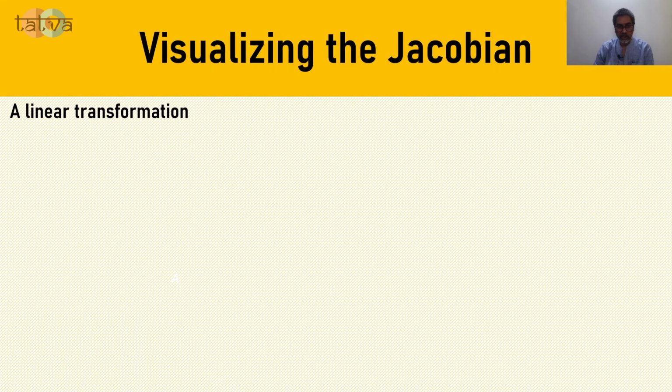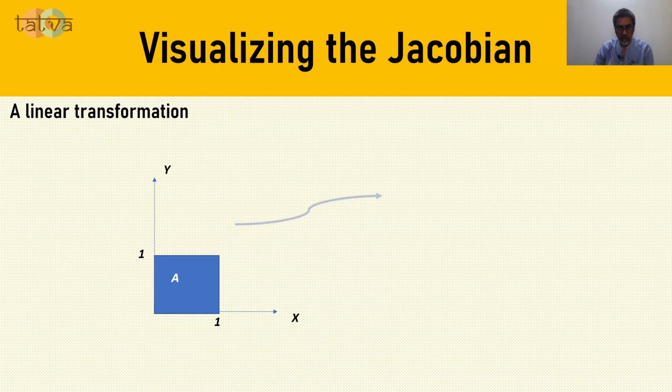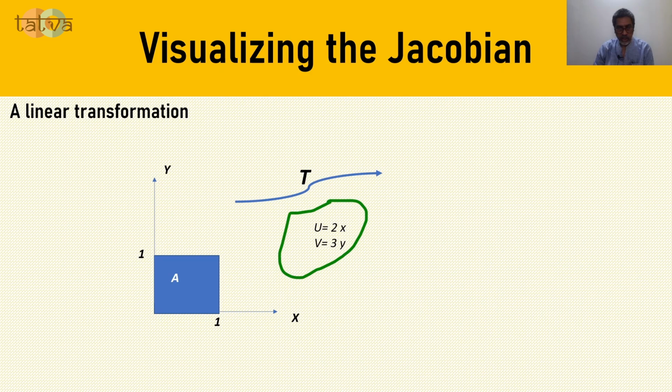Let us visualize a Jacobian now. Let us take the simplest case where we have a region in the xy plane, which is a square of sides 1 each. I will now transform it using a linear transformation u equals 2x and v equals 3y. This, anybody can guess, has a stretching effect.